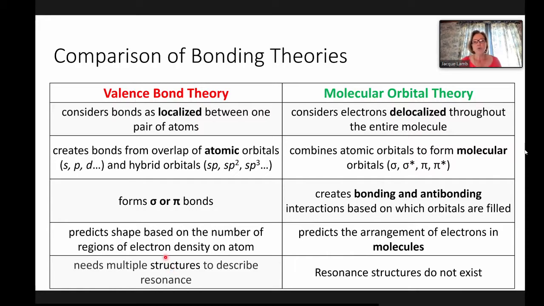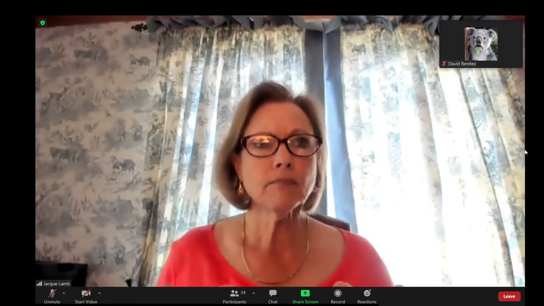So one of the things that we end up doing is we combine both theories and think of the sigma bonds as being localized bonds, and those double and triple bonds, that pi bonding, we can think of as being localized or delocalized throughout the entire molecule.